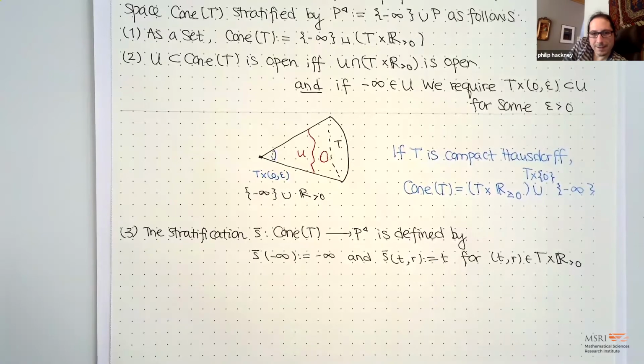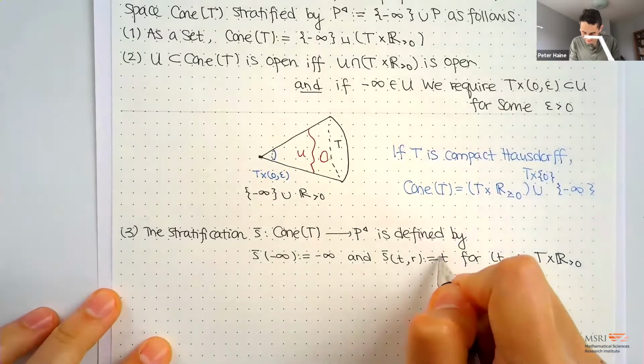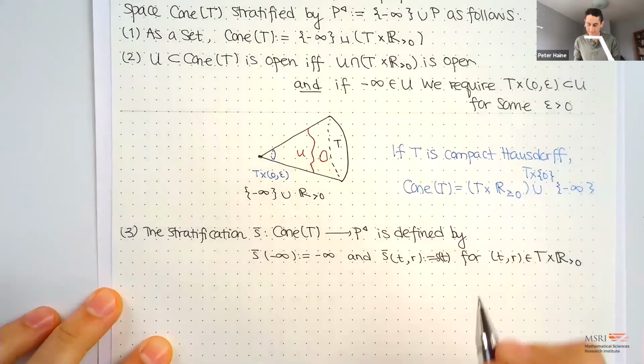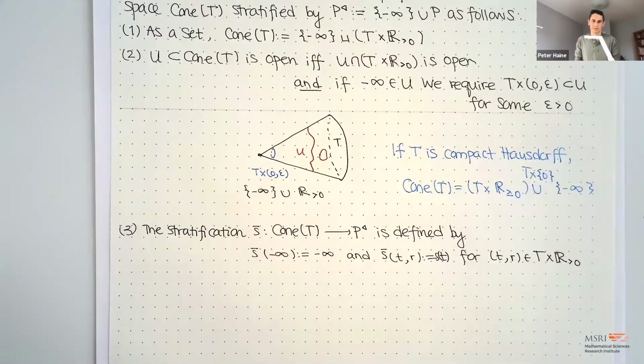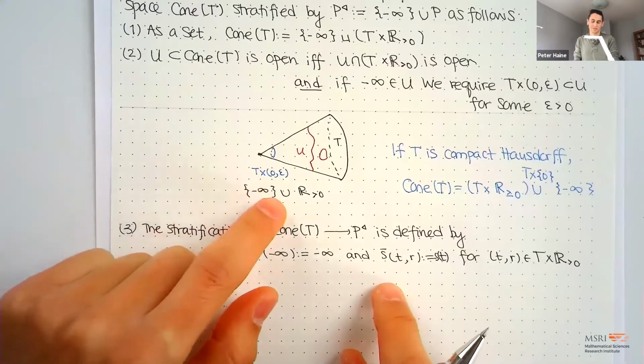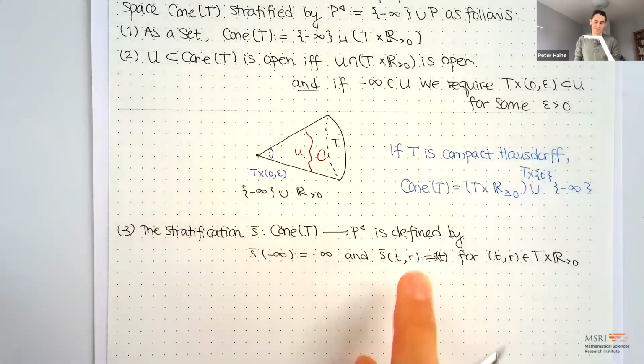Peter, is that an S of t on the right hand side of that? Oh yeah. And does the condition in 2 come from this stratification somehow? Condition in 2. Oh, that's nice. Well, this will guarantee that this is a continuous map, for example.